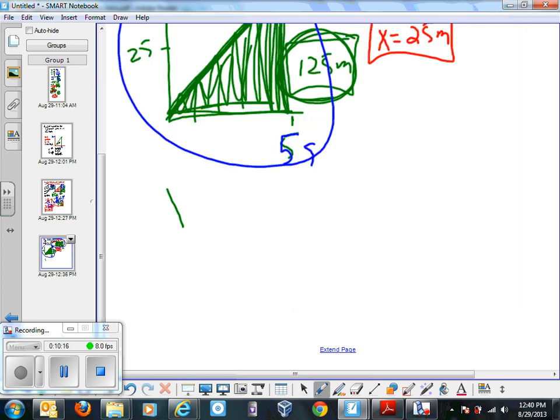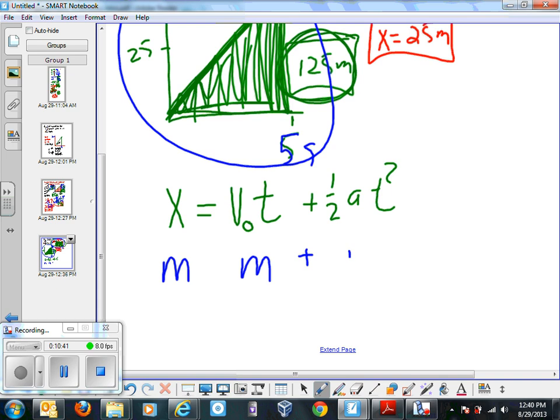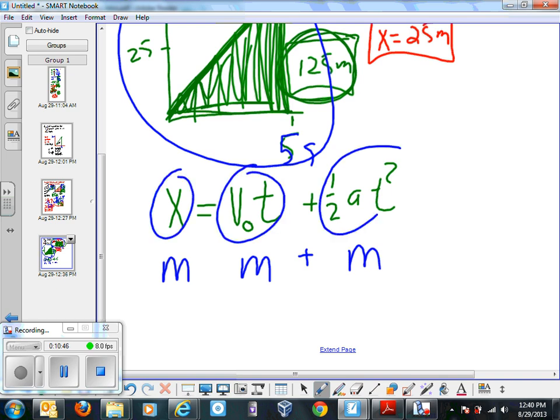If we're trying to find displacement, then according to our graphs we should have v sub naught t, which will be one area, plus 1/2 at squared, which will be the area of another graph. But keep in mind, don't let your math skills go away from you. In reality, if this is a meter, then this has to be a meter, and this has to be a meter too. Every one of these individually is a displacement, or they look different, but they're all meters.